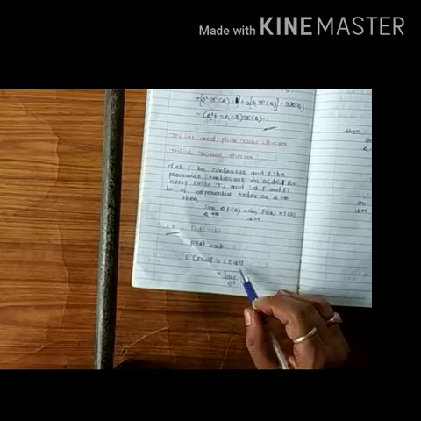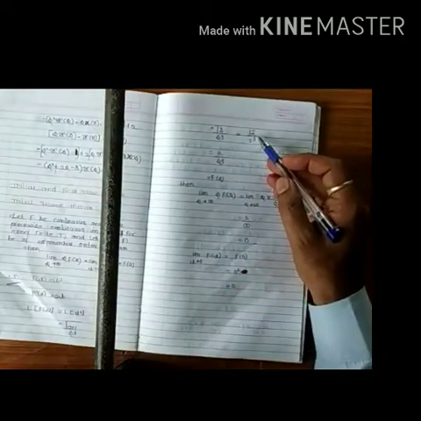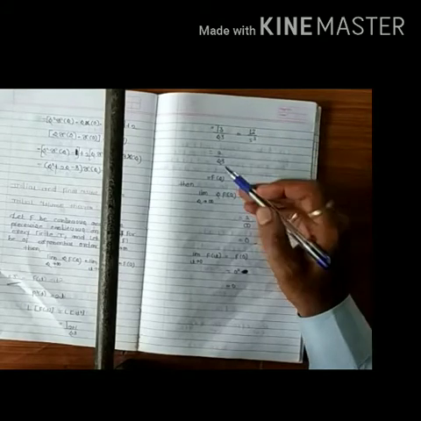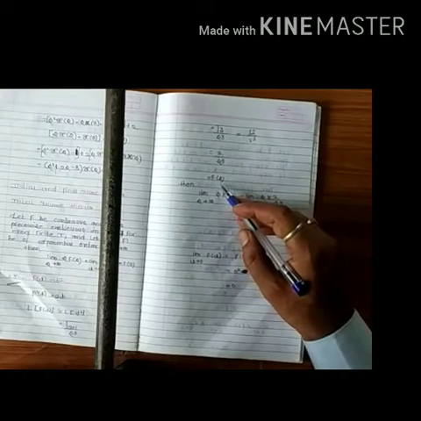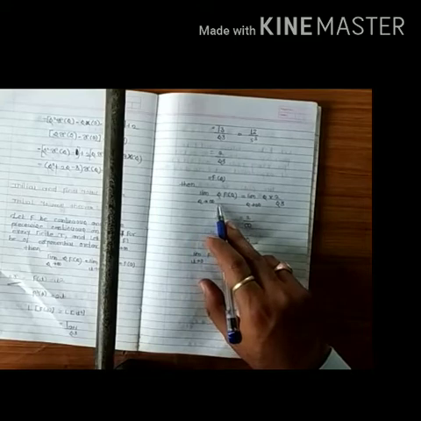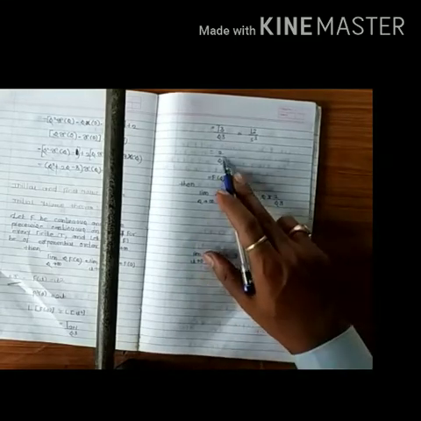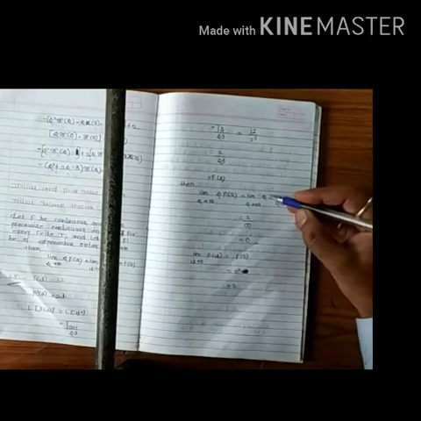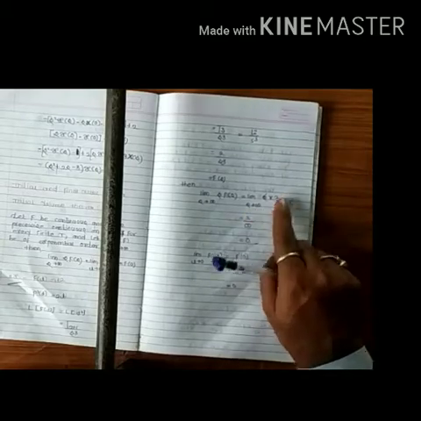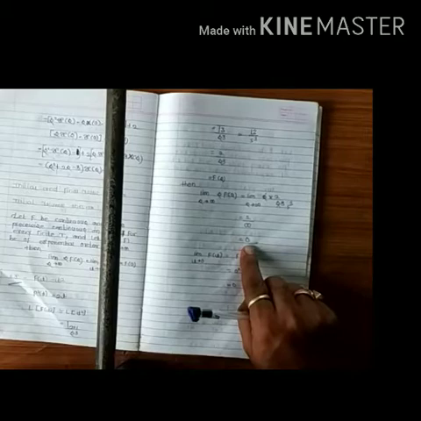So this is 2 plus 1, 3, and gamma 3 is factorial 2, and factorial 2 value is 2, over s cube. So we can write this is F(s). According to the initial value formula, limit s tending to infinity of s F(s): we put s here and F(s) is 2 upon s cube. Now cancelling, we get s square, and putting limit s tending to infinity, 2 upon infinity goes to 0.